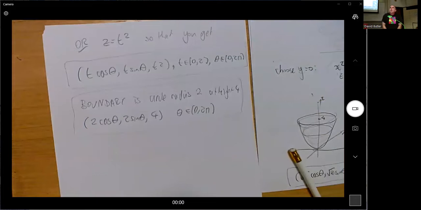And so I was hoping to choose a parameterization in such a way that the boundary was just subbing in the value of z. And then I still had a theta left over, and that theta managed to tell me what the boundary was. So that's another thing. It's like, well, can I find the edge of it and call that sine theta, cos theta, and then somehow change what the numbers 2, 2, and 4 are so that it gives me the rest of the surface using a different parameter. That's another decision that might be a useful way of dealing with this.